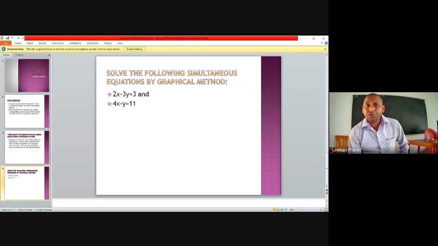Concentrate on the question instead of your inner characteristics and quality. See, the question is 2x minus 3y equals 3 and 4x minus y equals 11.